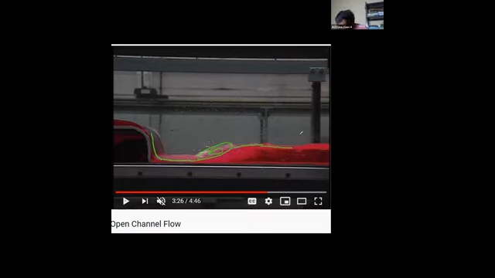But what is the initial depth over here? This is the initial depth, and this is the final depth. Yes or no? Are the initial depth and final depth both the same? No. This is known as a hydraulic jump. So this was created in the laboratory. Now I hope you can understand much better.